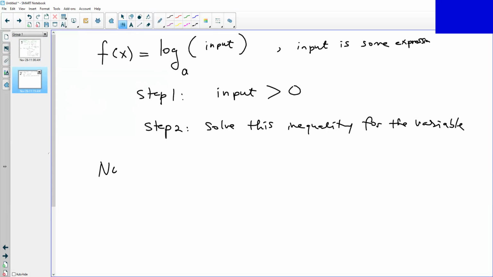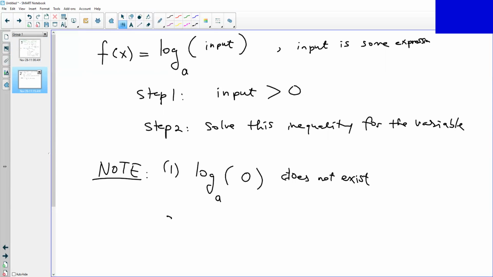I'll put a note here. Since I already said this has to be strictly bigger than 0, we don't have this case: log of any base a, if the input is 0, then this is not going to equal a number. So this does not exist. The input cannot be 0. And second, the input cannot be negative.